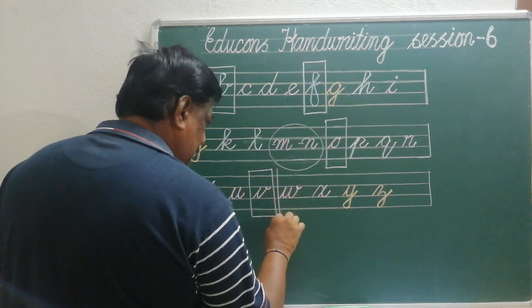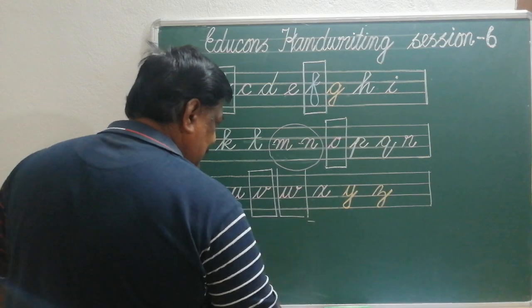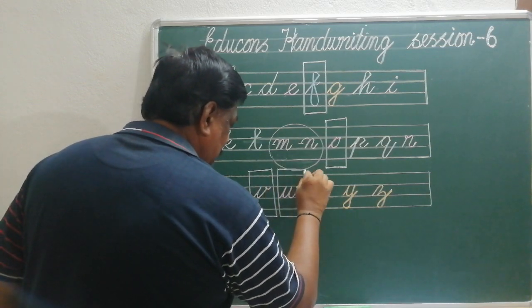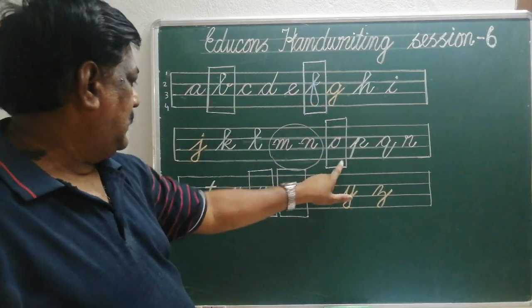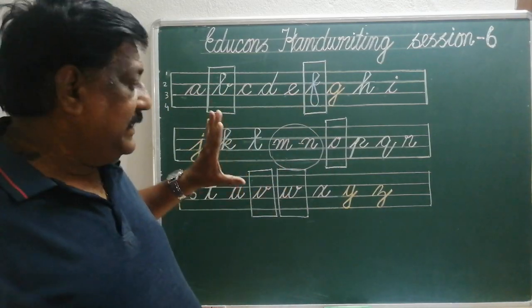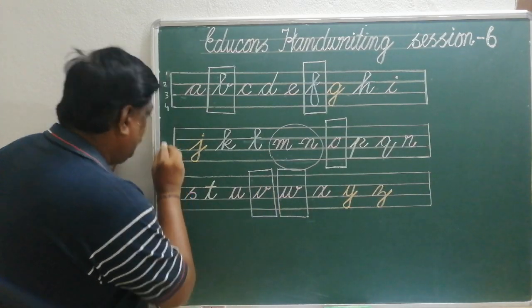This is another letter. How many letters in the box? Just check. 1, 2, 3, 4, 5. These 5 letters are touching the second line. You see?